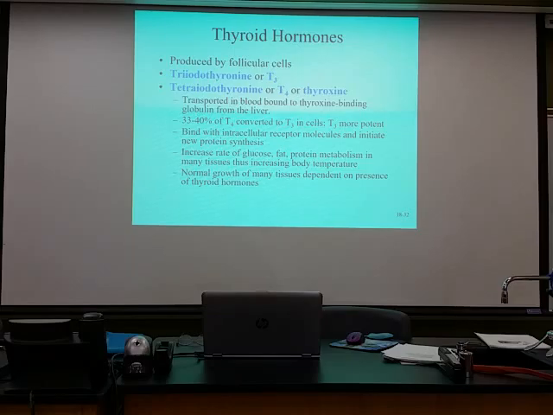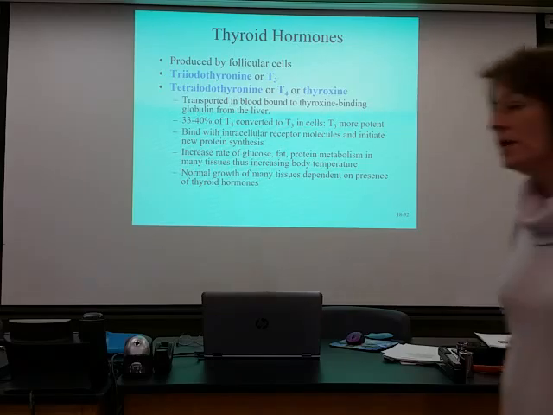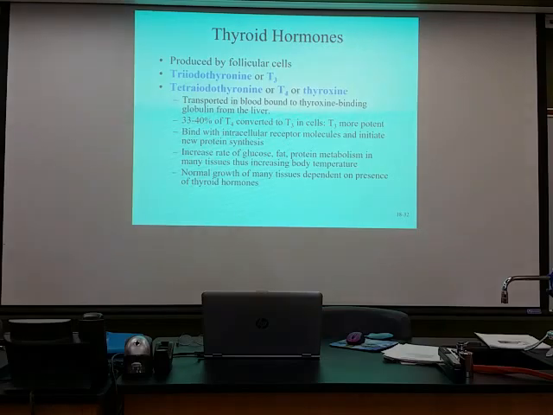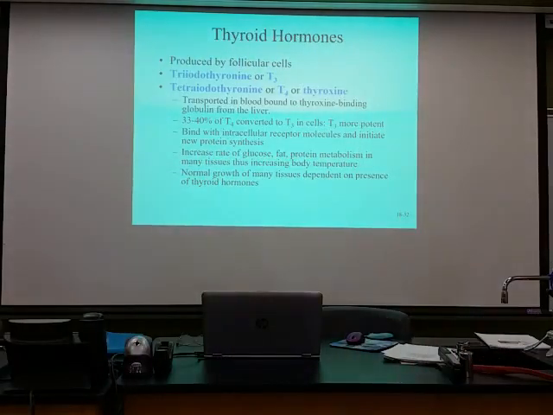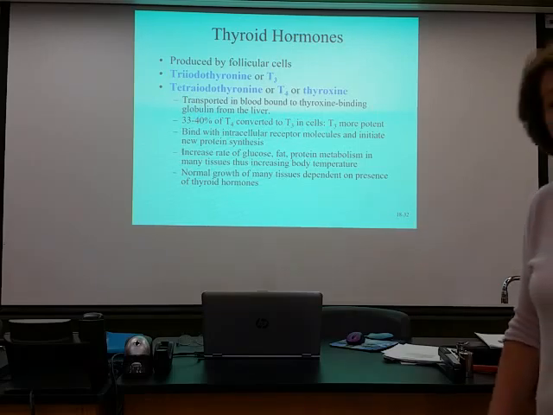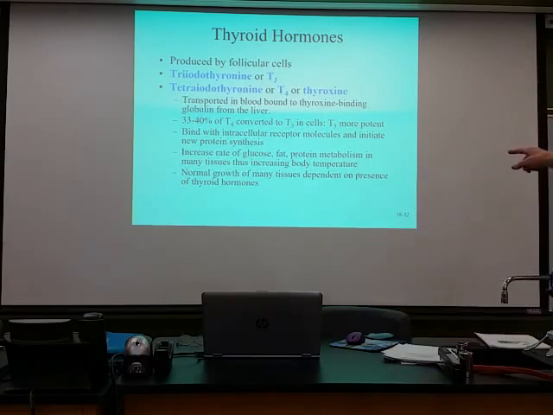This is one of the reasons that the thyroid hormone has the ability to affect body temperature. Because if we have a situation of hyperthyroidism, where we're going to get too much production, we're increasing the rate of that, and therefore affecting the chemical reactions in the body.